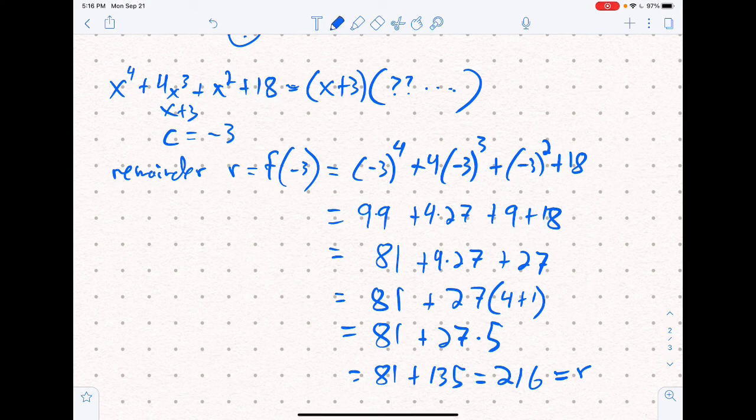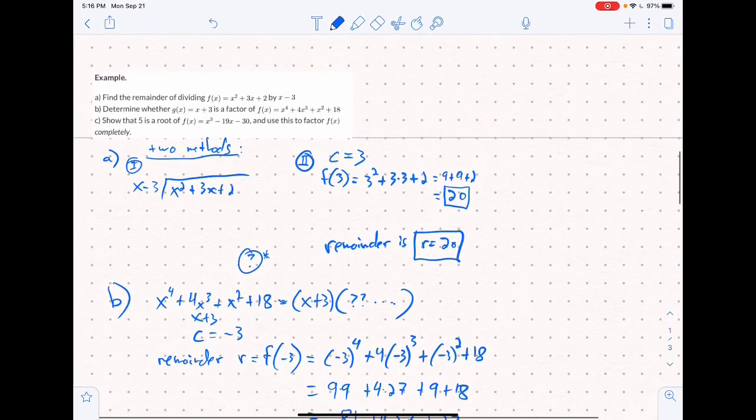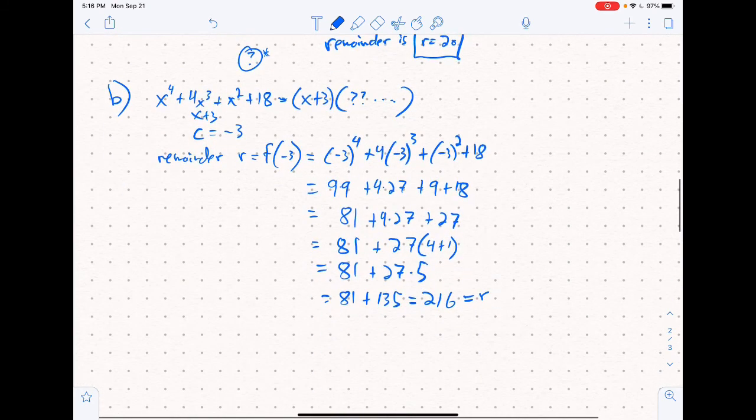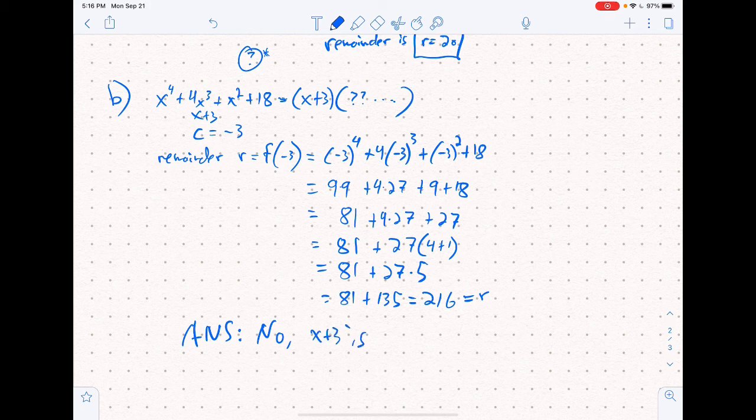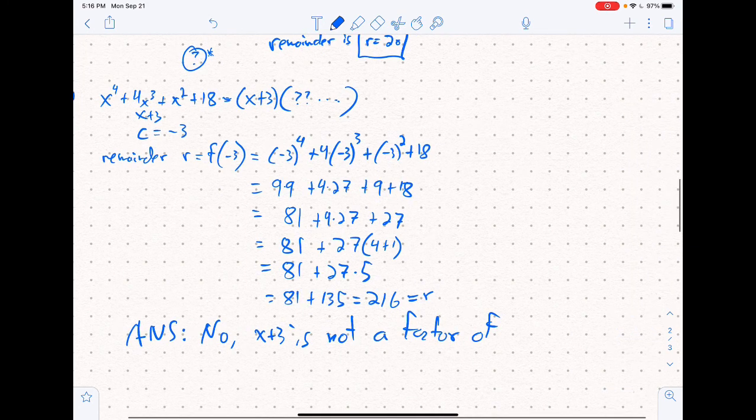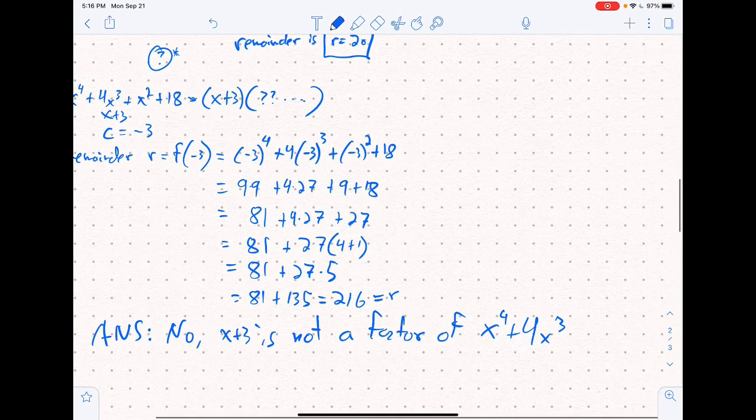So the answer to part B, which said determine whether it's a factor, is no. x plus 3 is not a factor of our polynomial x to the 4 plus 4x cubed plus x squared plus 18.